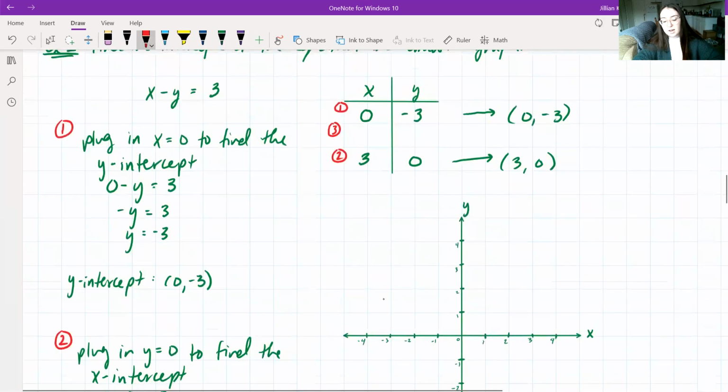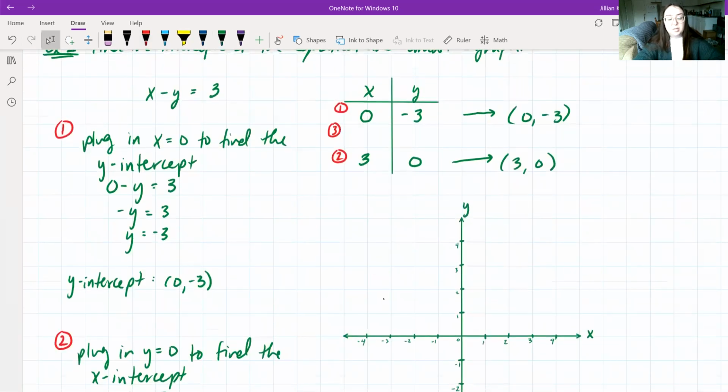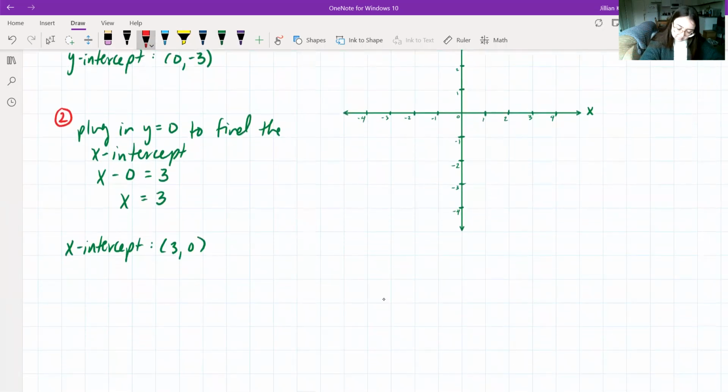Then lastly, with this last calculation, we just want to find some value in between. And we want to make it easy for ourselves. So let's go ahead and we're just going to make x 1. And now we're going to solve for y. So we plug in x equals 1. Our equation x minus y is equal to 3.